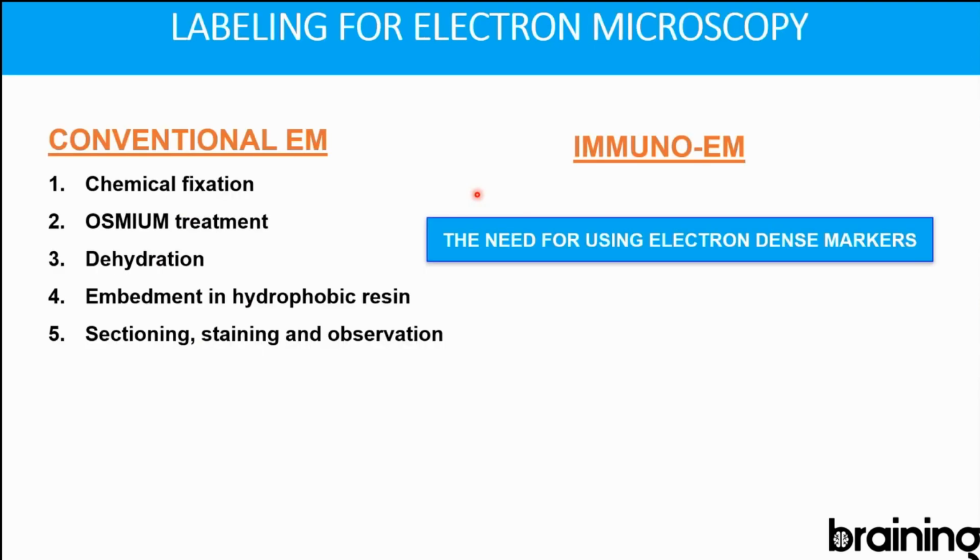So as far as we have gone, we have processed our tissue for conventional EM. We have done the chemical fixation and osmium treatment. We need to deposit this metal so we are able to see the contrast of the different parts of the cell.